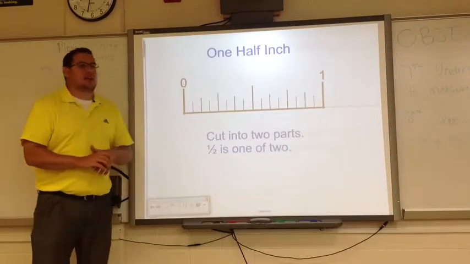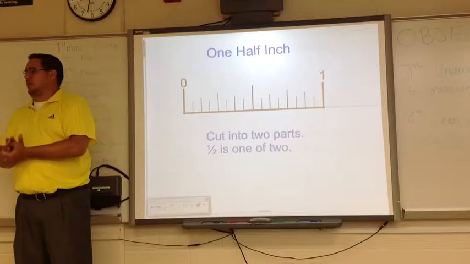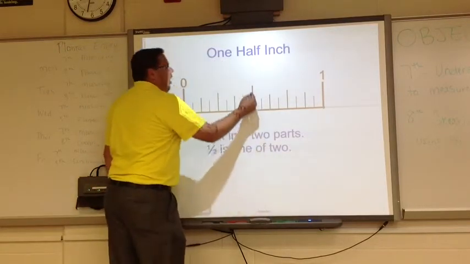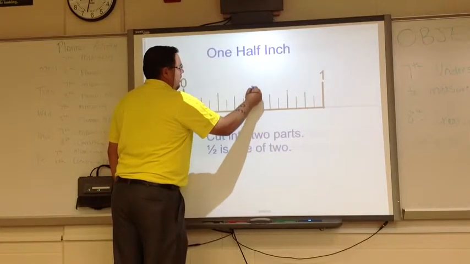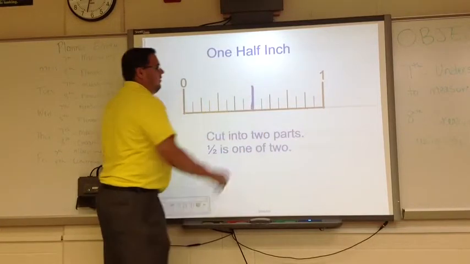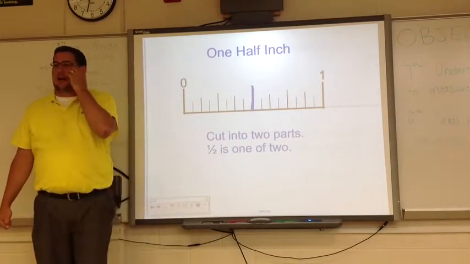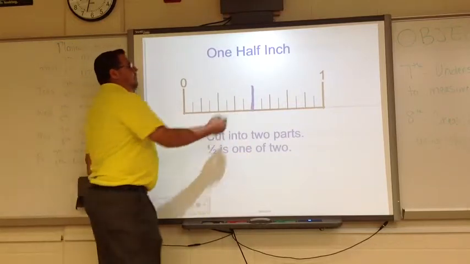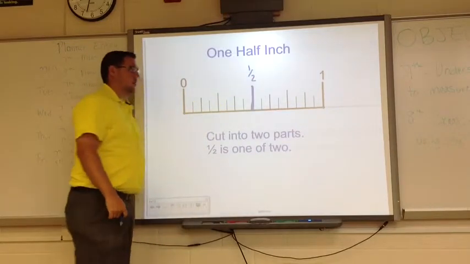Next part, a half inch. A half inch is what is divided right in the middle of it. Half inch is right here. On your notes, this is what I want you to do. When you get your notes, I want you to highlight in blue on Tiny PDF a half inch, and you're actually going to write 1/2 above it.